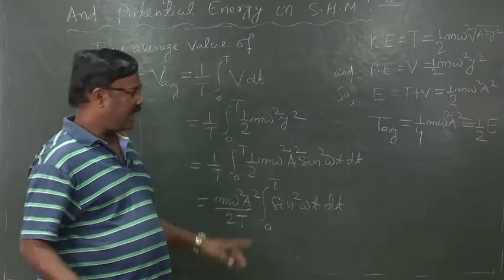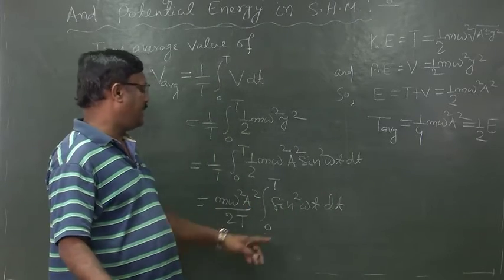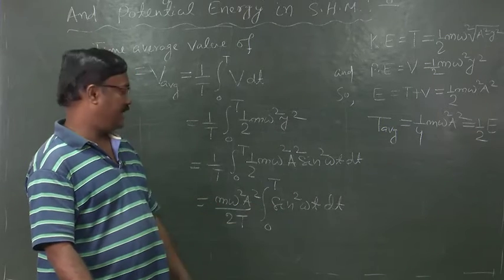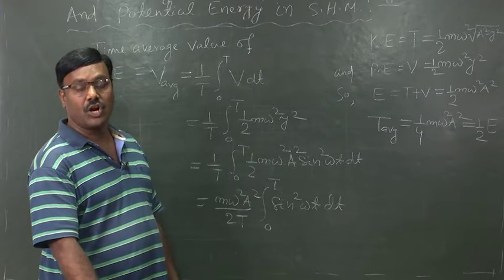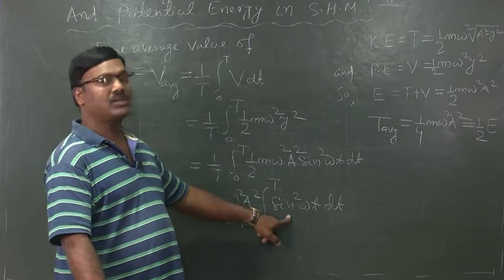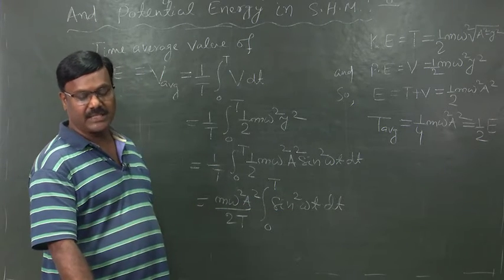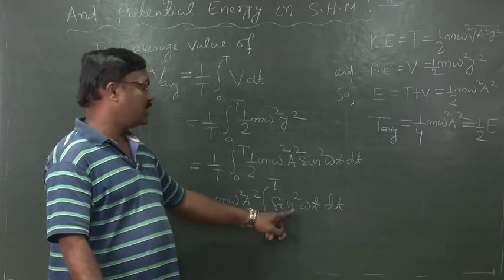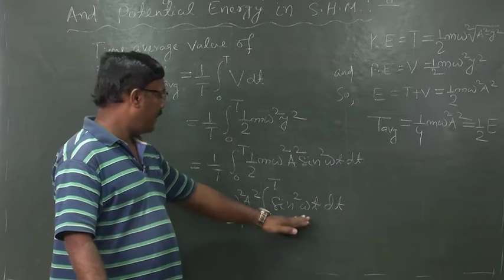Now, this sin square omega t dt can be integrated in terms of the cos function, and we have to convert sin square omega t into 1 minus cos 2 omega t by 2.